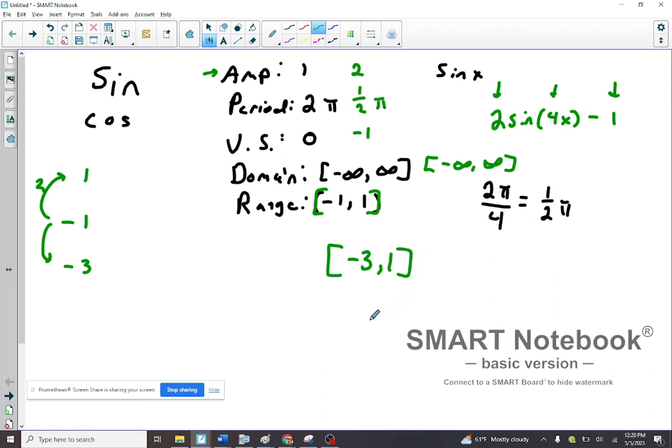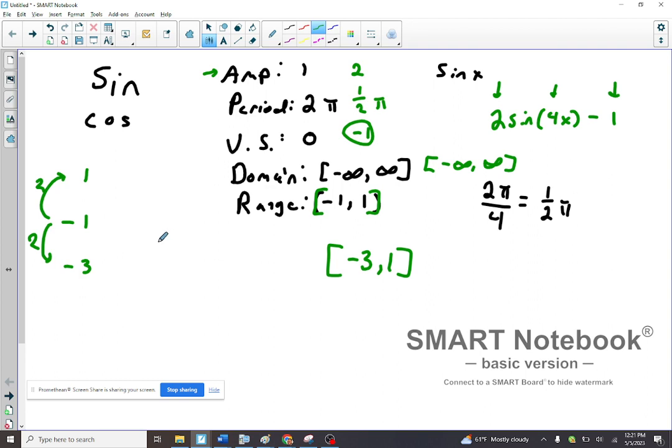No, I think that's wrong. What's wrong? Because it goes up to 2. No, it goes 2 up from where you start. Since you're starting at the vertical shift, which is -1, you go up 2 from there, so it's 1. You put -3 on the bottom one because that's down 2. Yeah, but it goes from the highest to the lowest. No. Amplitude is the middle to the end, not end to end.